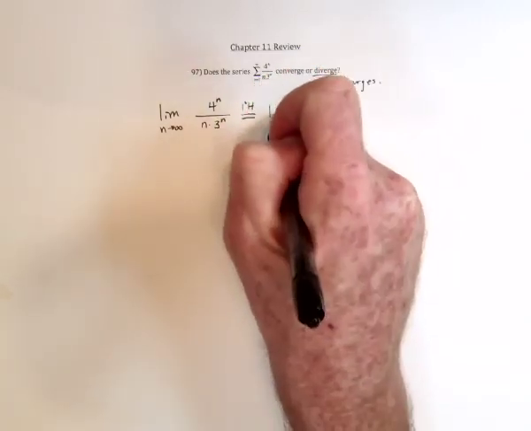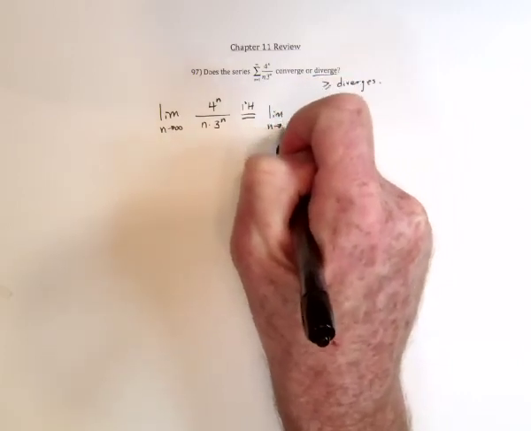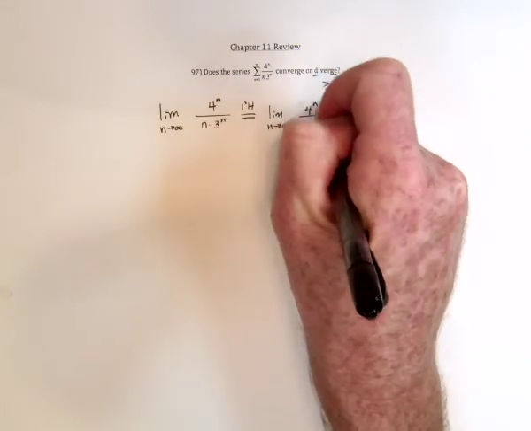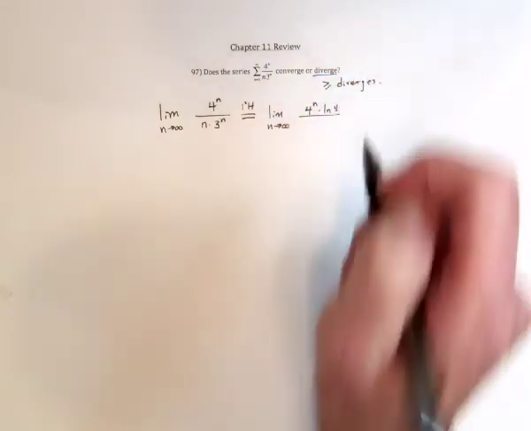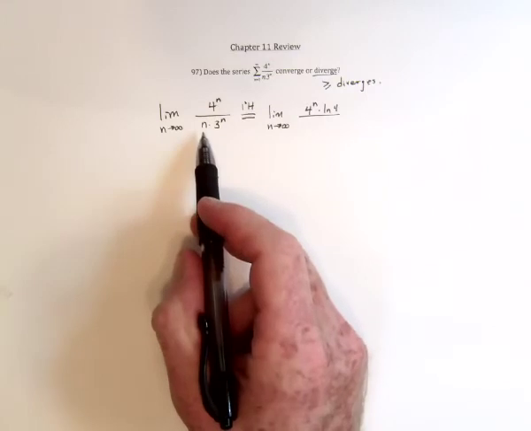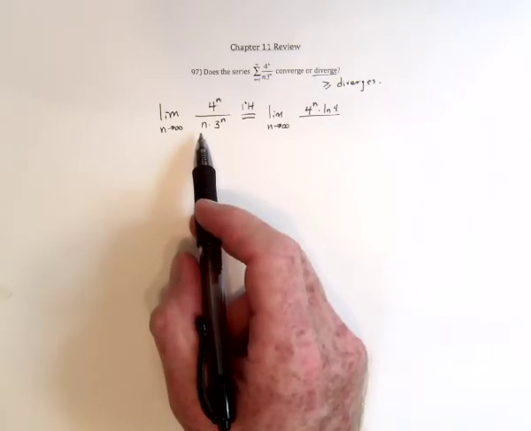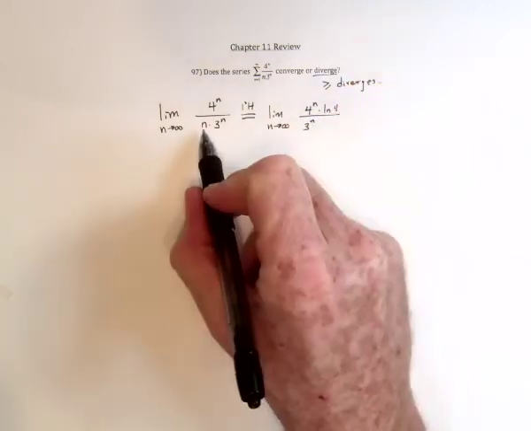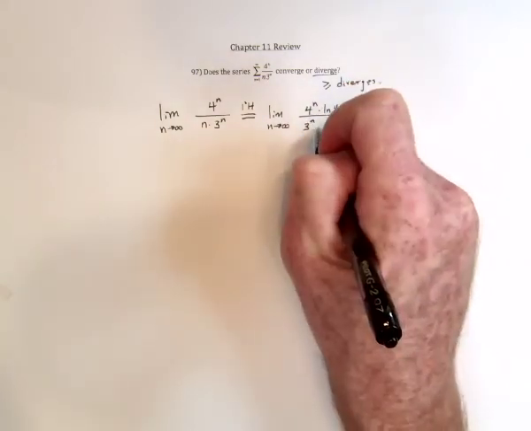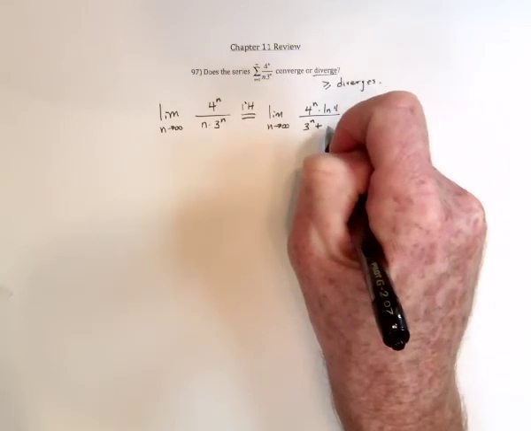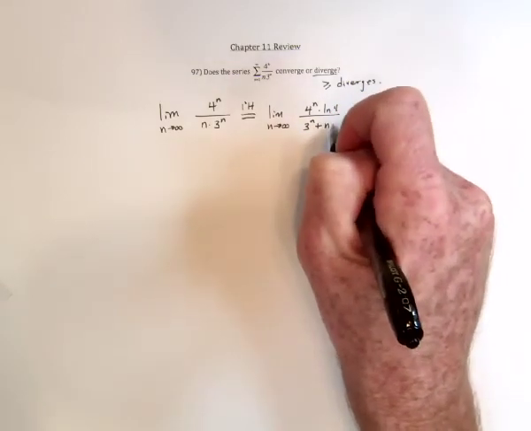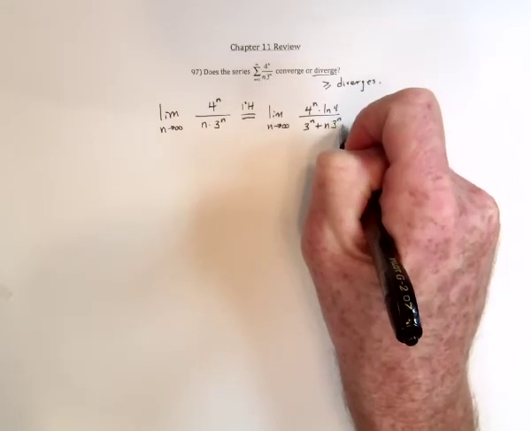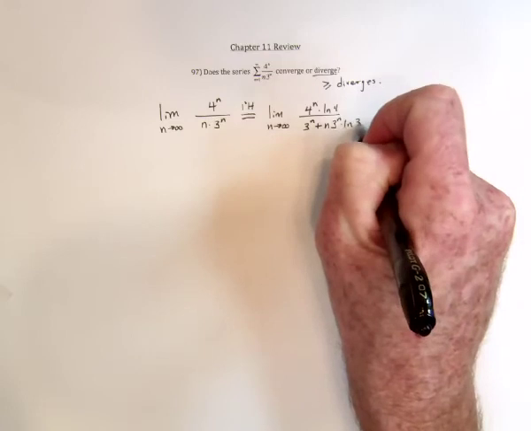So it's going to be the limit as n goes to infinity. The derivative of 4 to the n is 4 to the n times the natural log of 4. For the bottom part, we would need to use the product rule. So then it's going to be 3 to the n, because I take the derivative of this and leave this alone, and then plus n, and now take the derivative of 3 to the n, so that's 3 to the n times the natural log of 3.